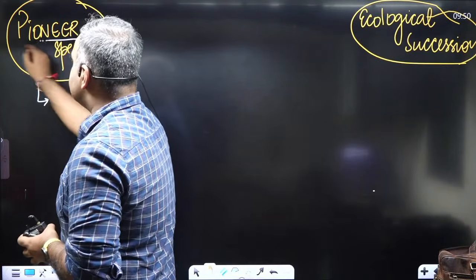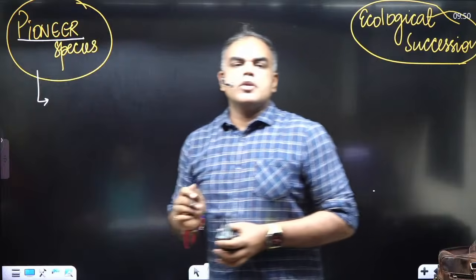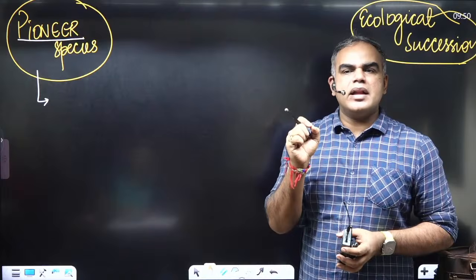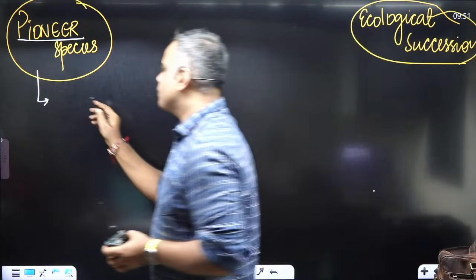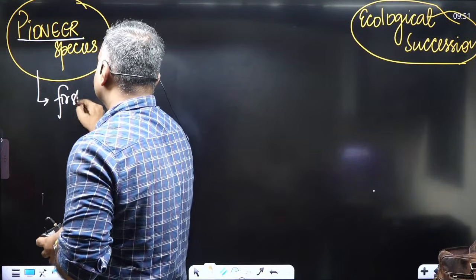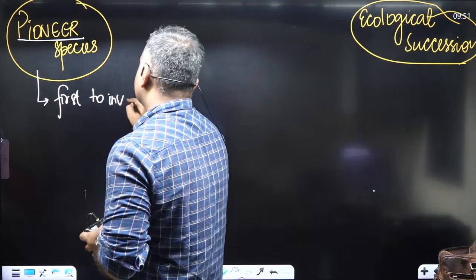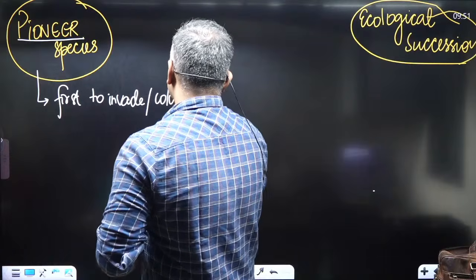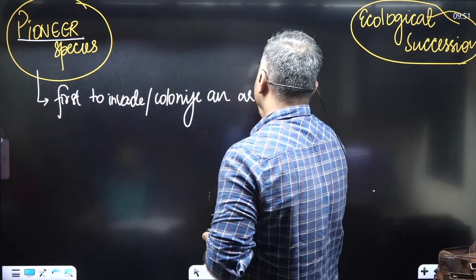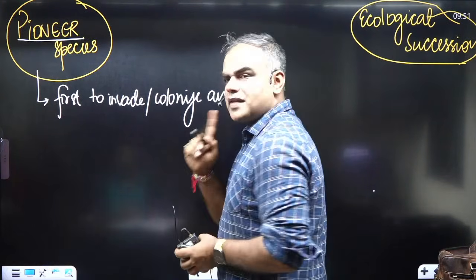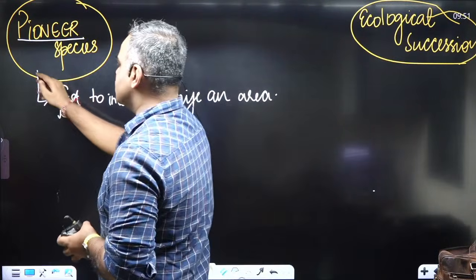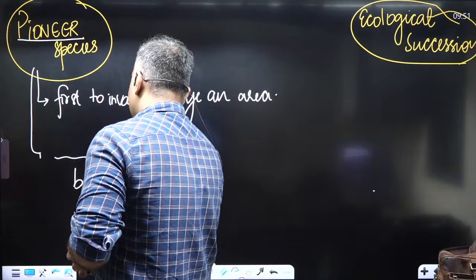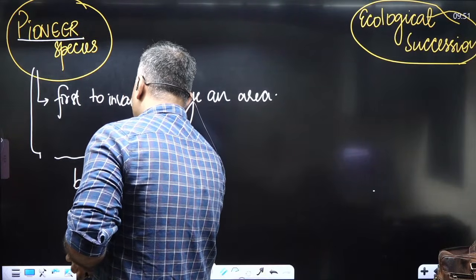Look, the name is pioneer. Okay? You have to think of pioneer species as species who are the first to invade and ultimately colonize an area. They are the first to do so. For example, let's say there is a barren rock or barren area.